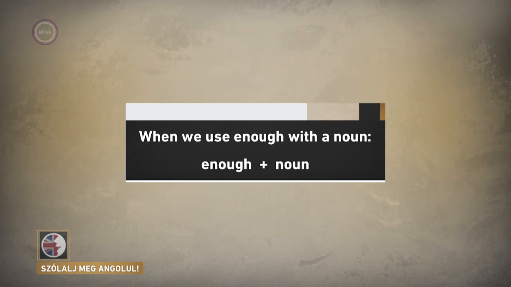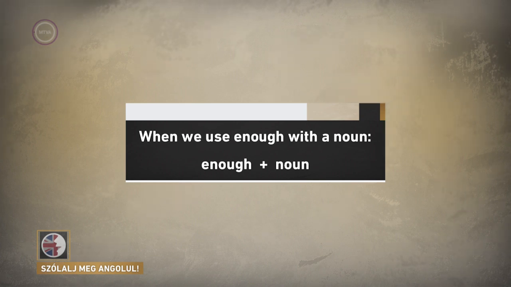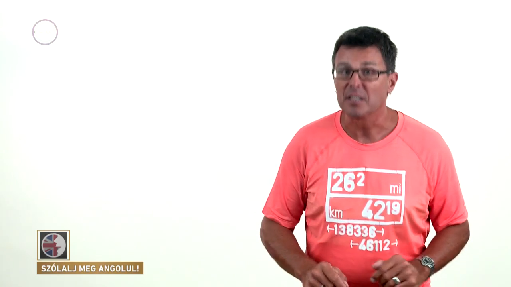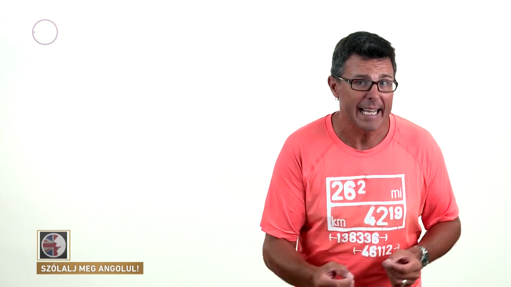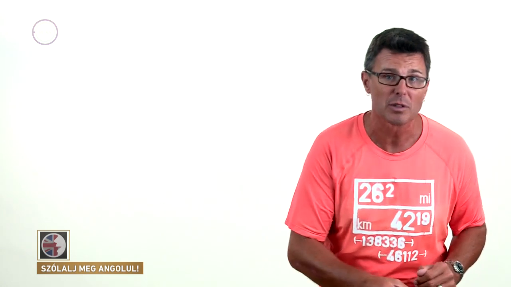Does the sentence have the words enough money? No. The example sentence features the combination of words money enough, which is wrong. The word money comes before enough, and that's wrong. When we use enough with nouns, the word enough goes first and then the noun follows.